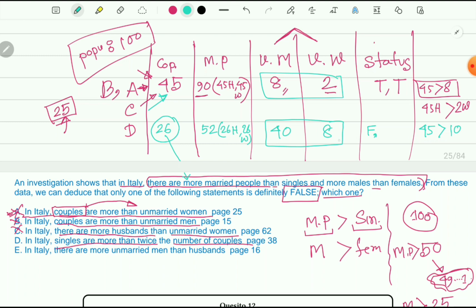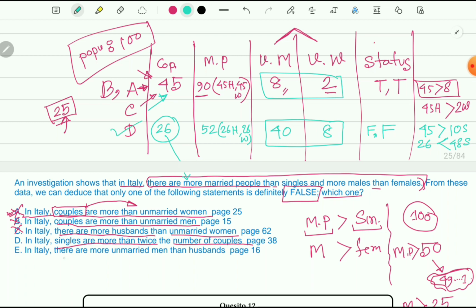In this scenario the 48 single people are definitely greater than couples 26, but not more than twice. So in both cases our statement is false, so this is our correct answer.